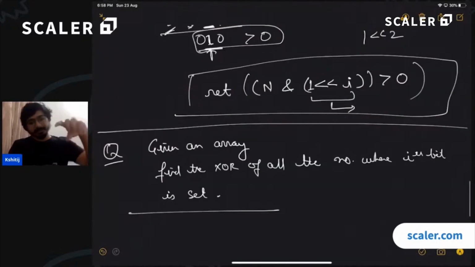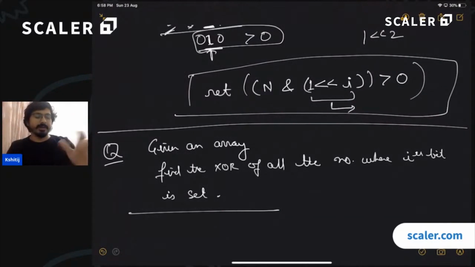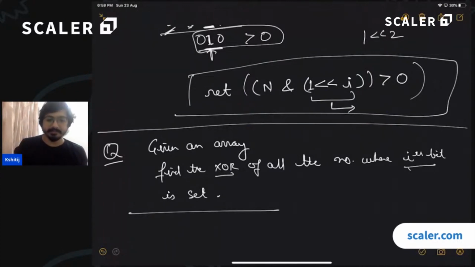Now, given that you are able to find whether the ith bit of a number is set or not, can you also find the XOR of all the numbers in a given array which have a set ith bit?